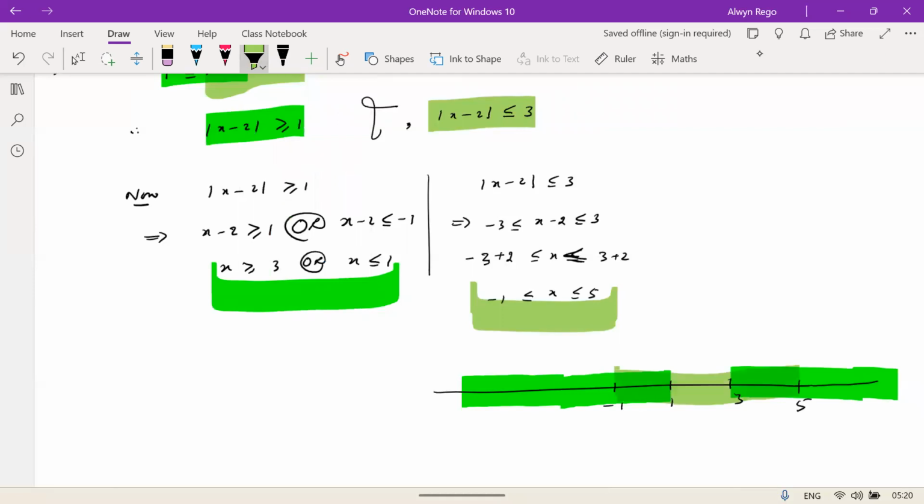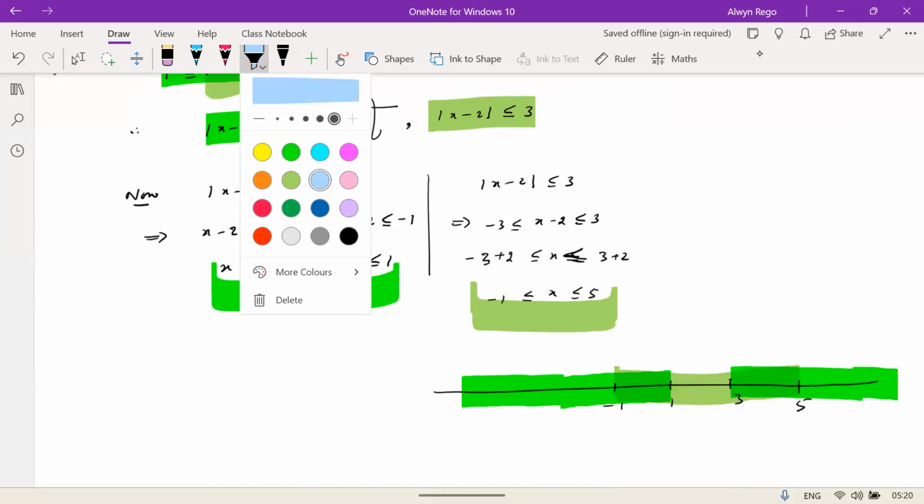So if you have to obey the first inequality and the second one, both of them, then you have no choice but to select the common ground.